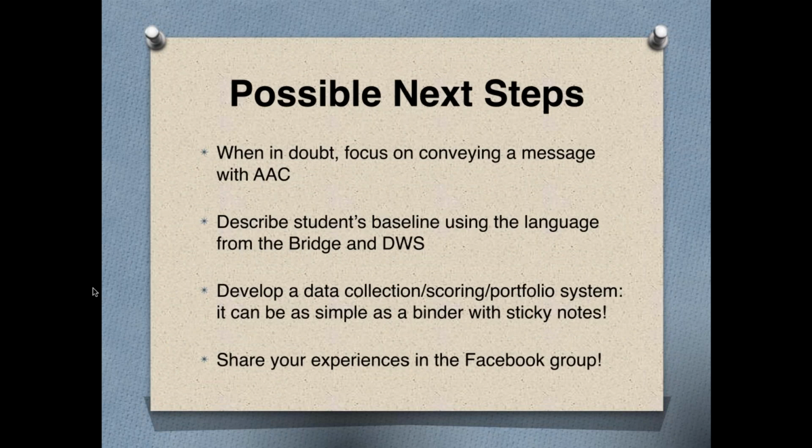Possible next steps. I would say my number one next step is that when in doubt about when to use the alphabet versus try to convey a message with a communication system, default to the communication system. There are too many of us who have seen all this information on writing, and we get so caught up in giving our kids access to the symbol set of the alphabet that our kids then end up plateauing because they don't actually yet have the skills to convey the same messages with their communication systems.